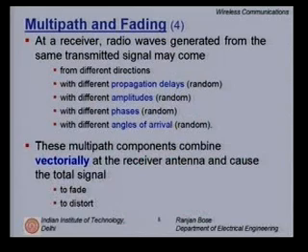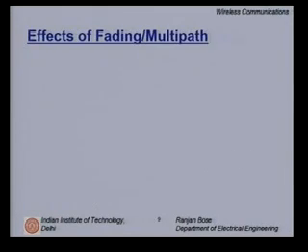Okay. These multipath components combine vectorially, as we have seen, at the receiver antenna and cause the total signal either to fade or to distort. They are almost synonymous. Now, in this slide, let us look at the effects of fading and multipath.